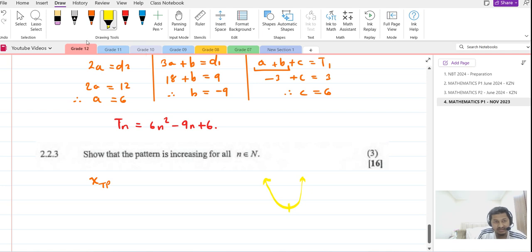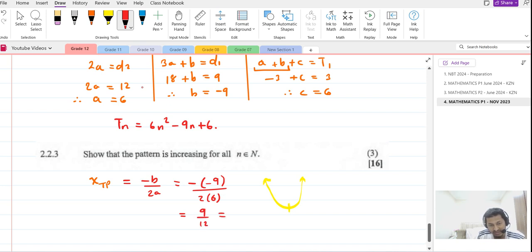So the x value of the turning point is minus b over 2a. Minus b is minus 9 over 2a, 2 times 6. Right, so what I have here is 9 over 12, which is basically 3/4. So I know the x value here is 3/4.